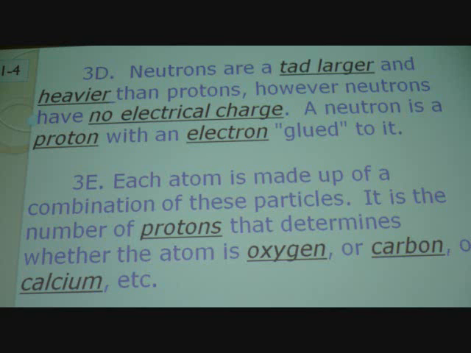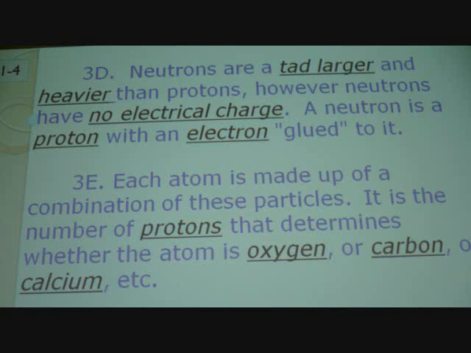So, electrons, like I said, I could put about 1,800 of them into one proton. Electrons are real little bitty, but they're just as powerful. The next slide is about the neutron. The third subatomic particle is the neutron.